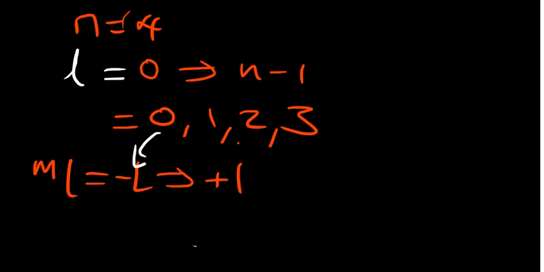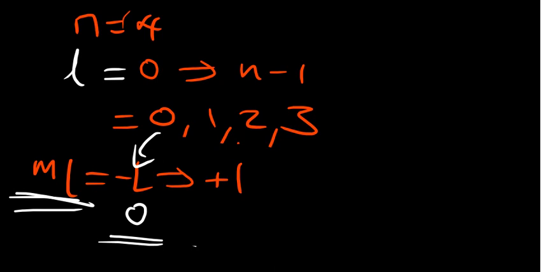So for 0, it will just be 0 because there's no negative and positive of 0. So that tells you this is one room. So counting the magnetic quantum numbers gives you the number of orbitals. Are we together? So the magnetic quantum number tells you the number of orbitals.